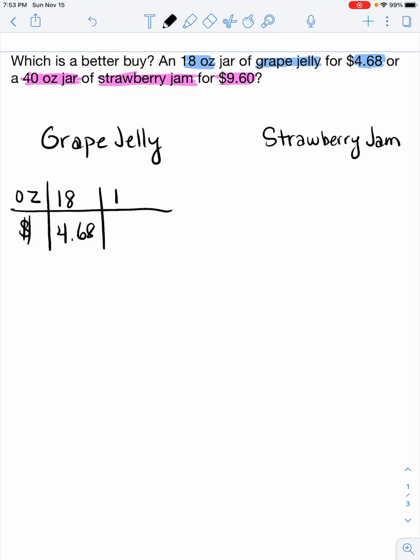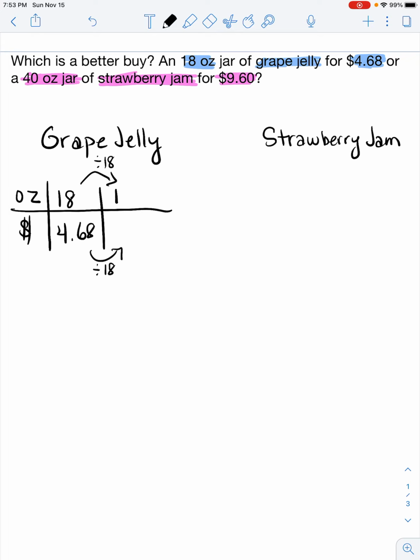It's how much money per ounce. So it doesn't matter if I put ounces up on top or on the bottom, as long as I know that it's per ounce for 1 ounce. What do I have to do here? Divide by 18. And here comes the hard part with unit price.